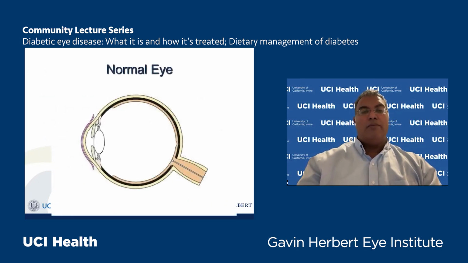So this is a normal eye in cross section, like you're looking at me from the side through my ear. And the front here, there's a contact lens on the eye in purple. And then you have the cornea.